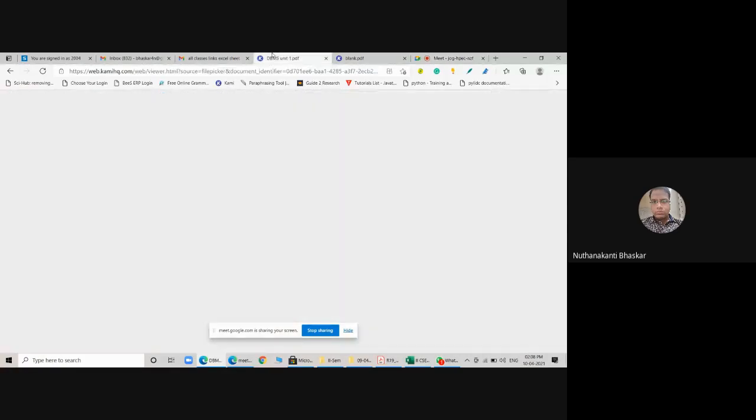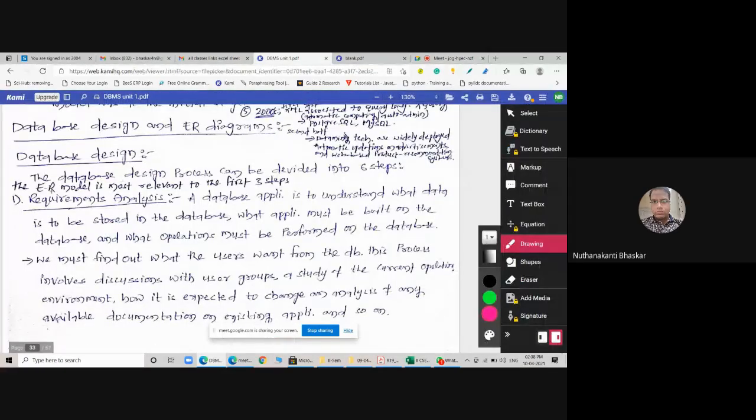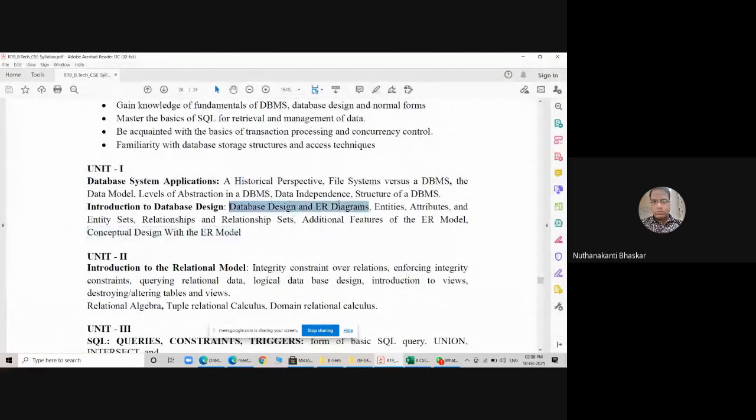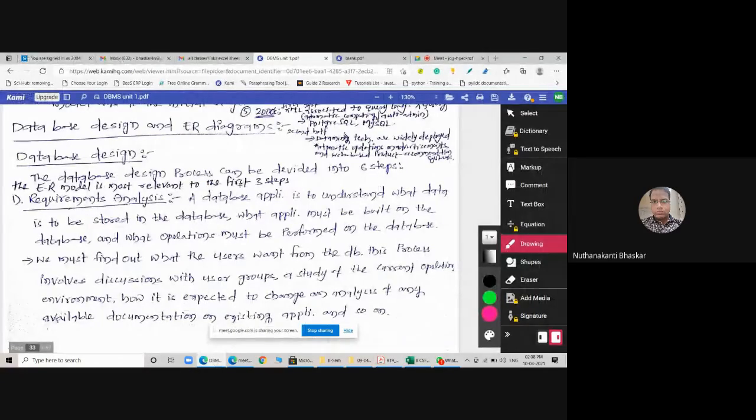Now, as per the syllabus, it gives database design and ER diagrams. Here, if you observe, how to design a database with an ER diagram. There are only 6 steps, very simple steps. Everyone can understand.